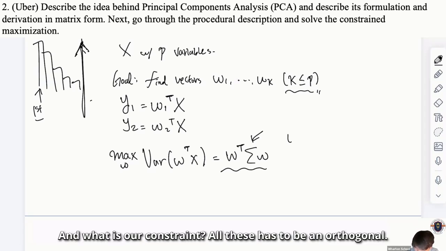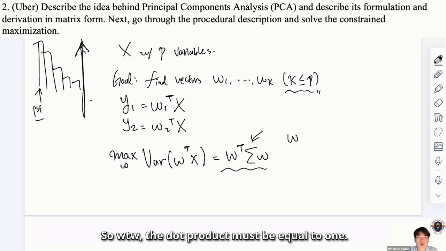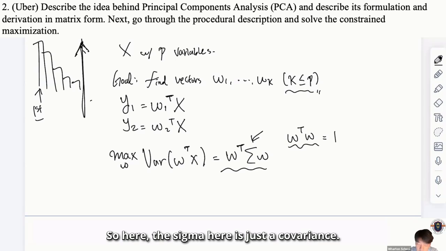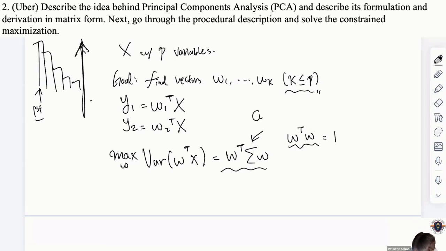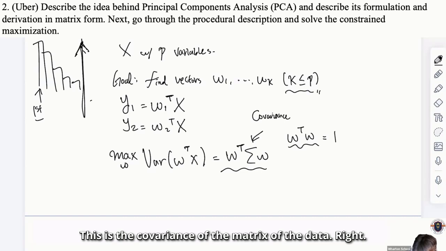And what is our constraint? All these vectors have to be orthogonal, so W transpose W, the dot product, must be equal to 1. Here, sigma is just the covariance matrix of the data, right?